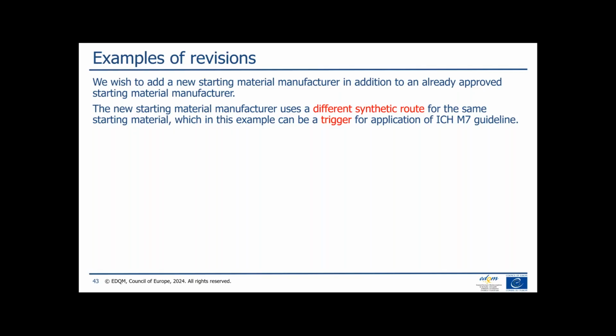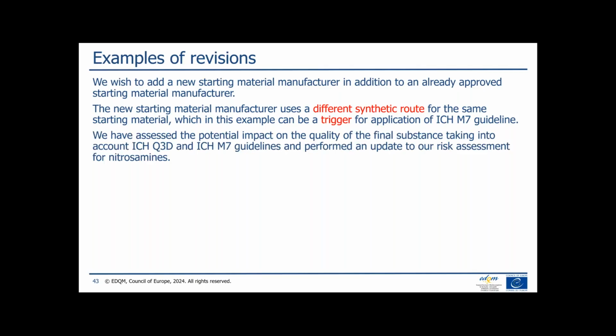And the new manufacturer uses a different synthetic route, which in this example can be a trigger for application of the ICH M7. We, the company, have assessed the potential impact taking into account M7, Q3D, and we performed the update to risk assessment for nitrosamines.